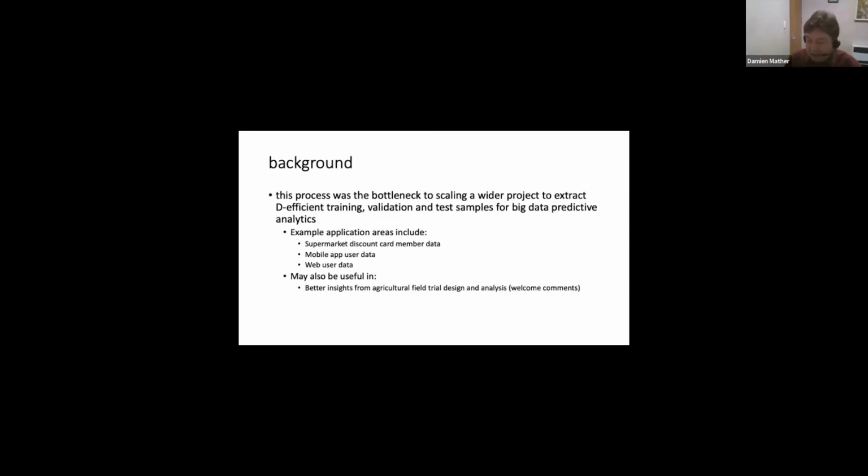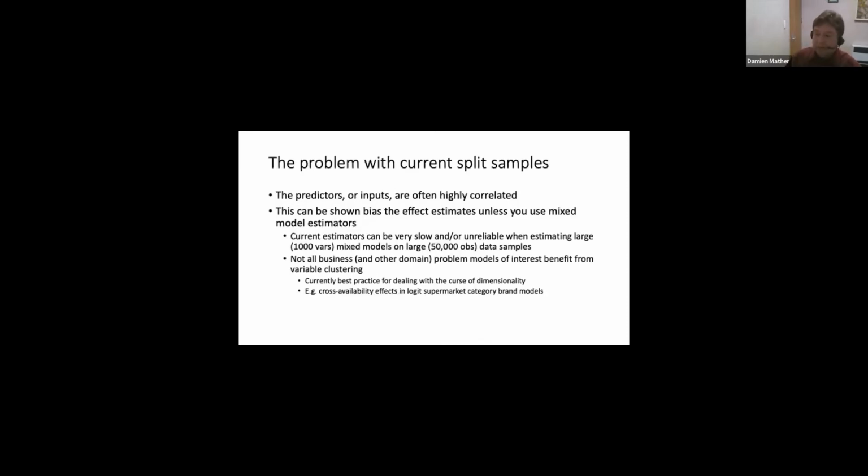Welcome any contacts. The problem with the current split samples is that the predictors or inputs are often highly correlated, which leads modelers to automatically throw away a whole lot of information, because in the sample they're staring at, a lot of the predictors are highly correlated. We've got variable clustering routines to deal with that when we're routinely processing big data, but sometimes that doesn't suit the business application problem area.